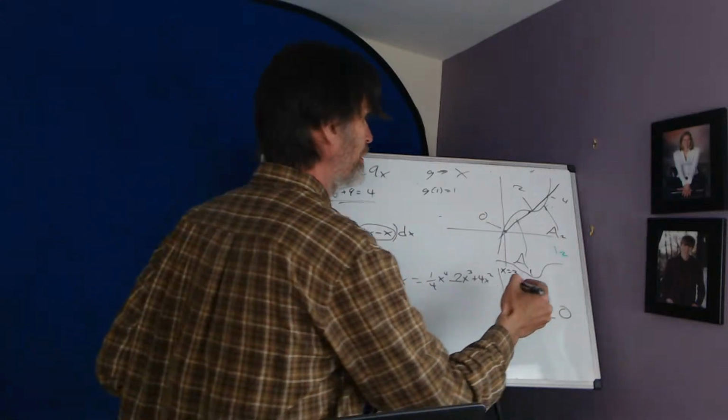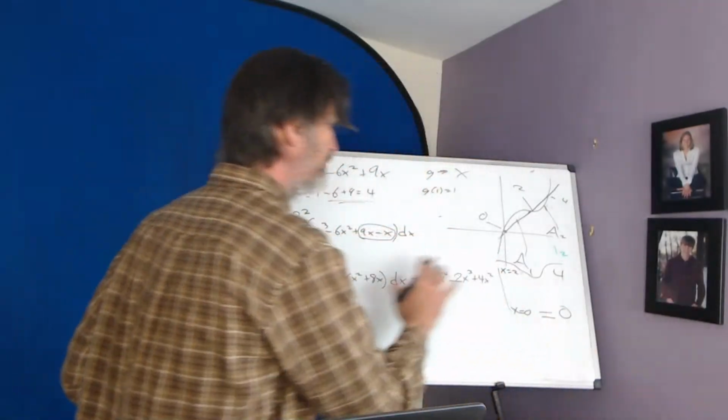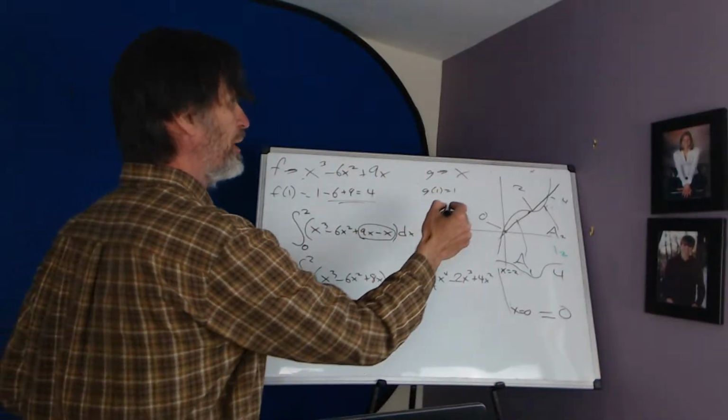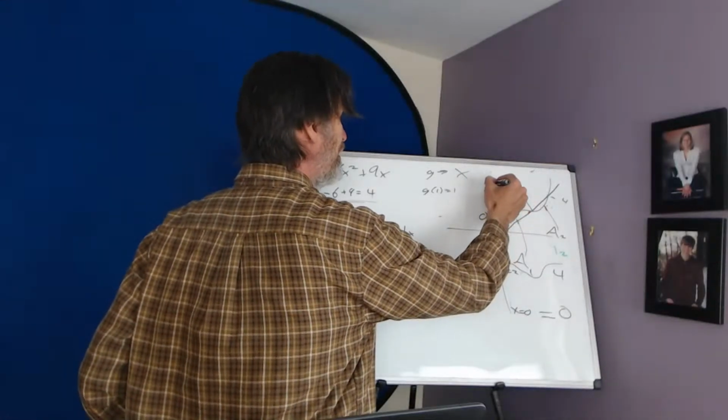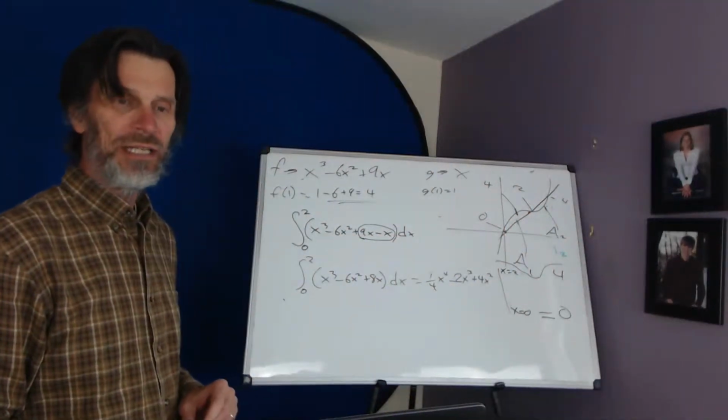Yep, indeed we did. You plug in 2 here, you get 4. 4 minus 0 is 4. So that first area that I have on the graph there has 4 square units in it.